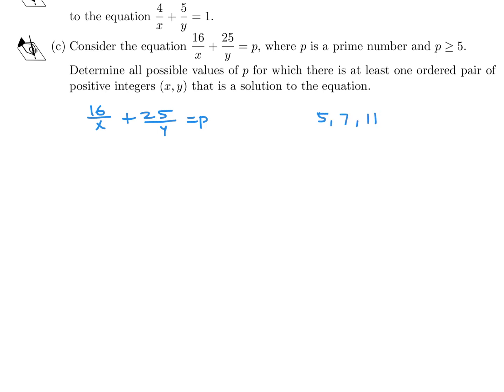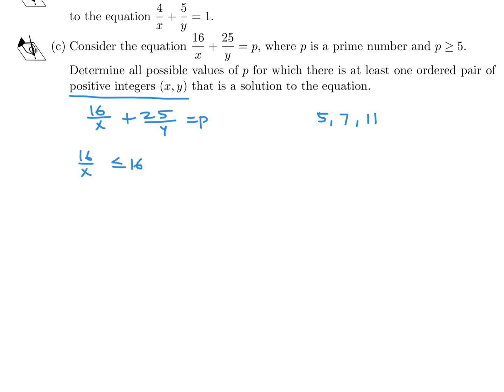But the good news is that since x and y are both positive, this 16 over x is going to be, sorry, I should have said the opposite, less than or equal to 16.